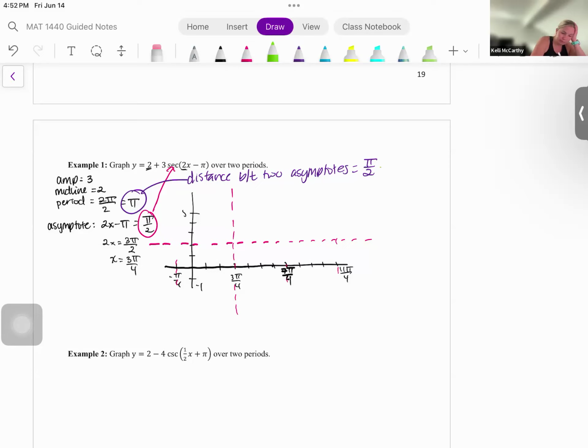And thinking of that in terms of fourths, that's going to be 2π/4. So starting with that first asymptote of 3π/4, I'm going to go 2 to the left and 2 to the right to get my next asymptotes.